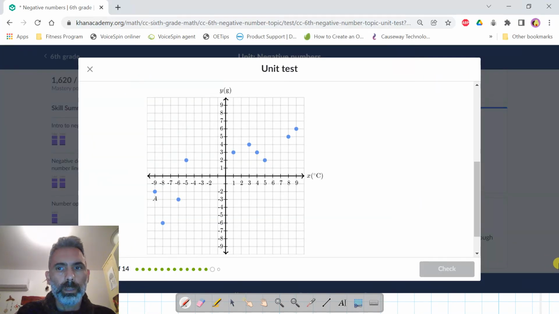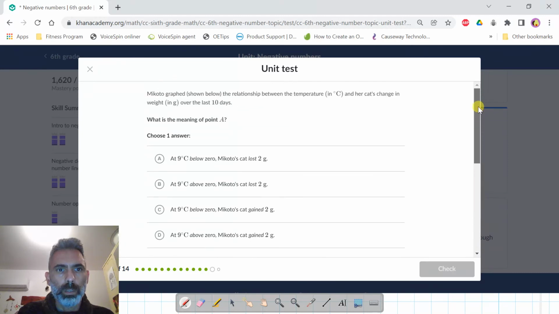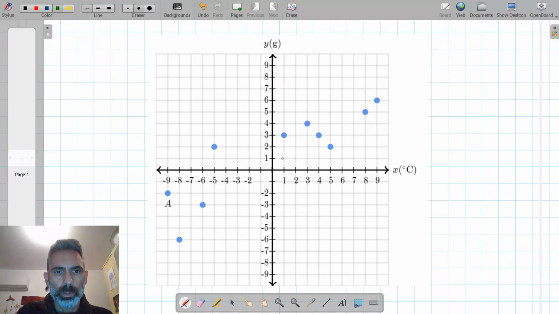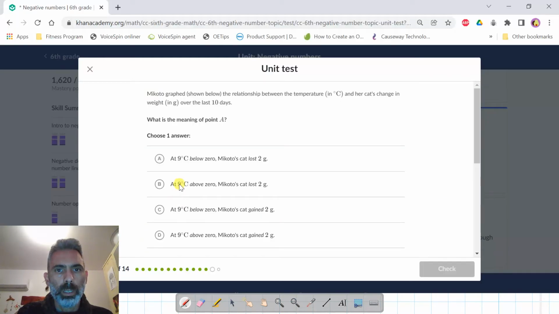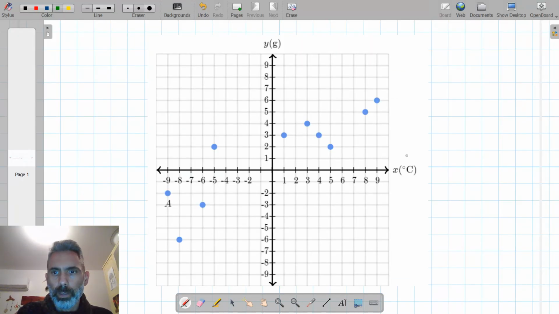Okay, now let's see what the question is. What is the meaning of point A? Okay, so the x-axis represents temperature in degrees Celsius.